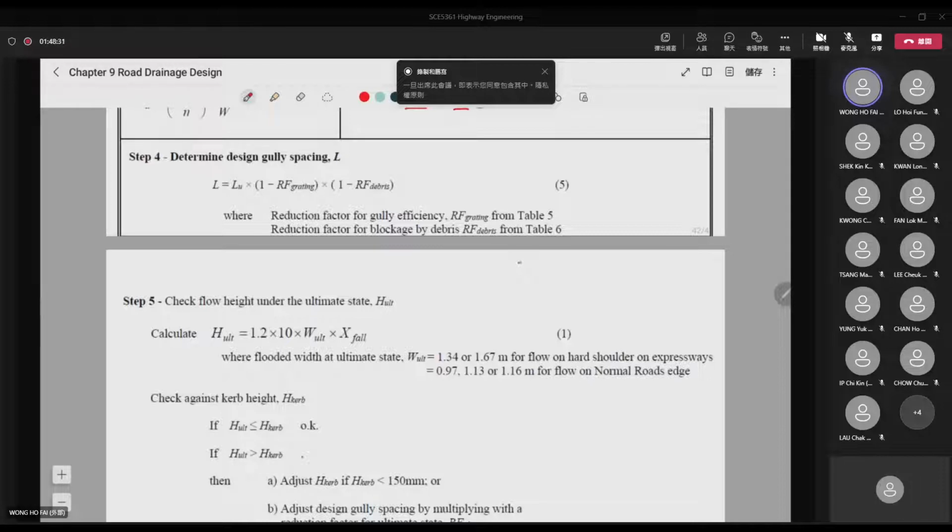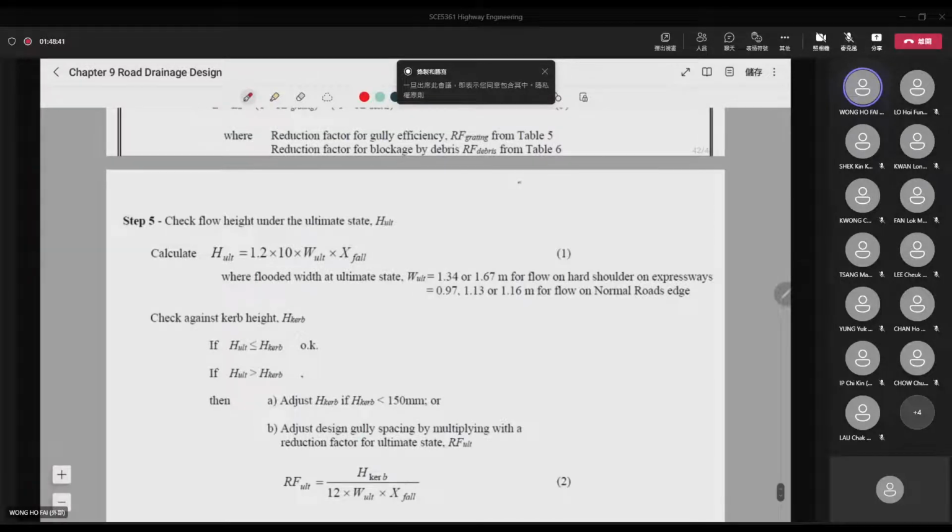If the ultimate flow height is less than the curb height, then it is okay. If the ultimate flow height is greater than the curb height, then you may adjust the curb height, changing it to, say, 150 mm.